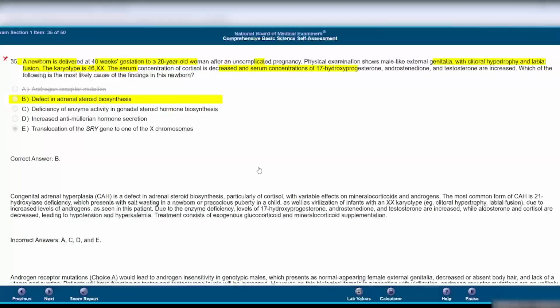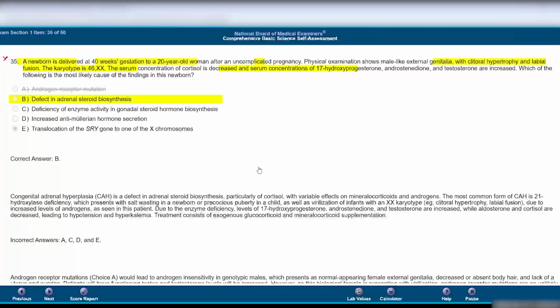Oh, this is another one I was upset about. Which of the following is the most likely cause of these findings in this newborn? The newborn is delivered at 40 weeks gestation to a 20-year-old woman after an uncomplicated pregnancy.